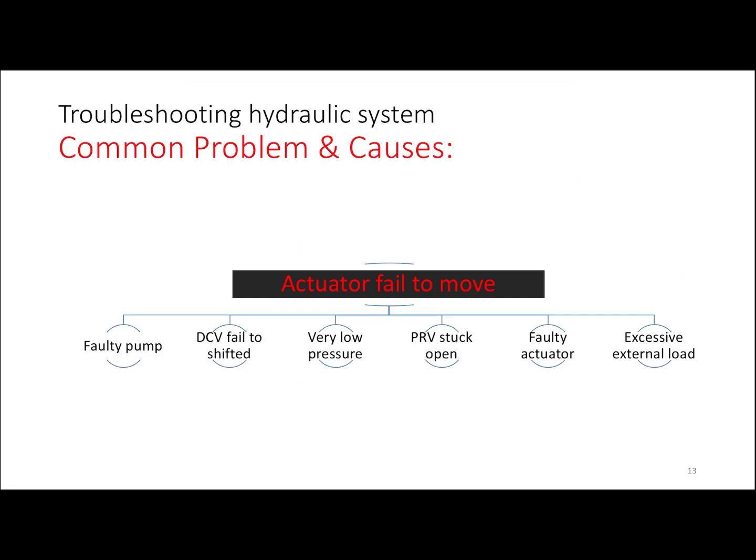Next problem is the pressure relief valve stuck open, so a lot of pressure loss. And then a faulty actuator, maybe because of leaking or worn out. And then the external load is too high for the actuator, of course, if it is related to the size of the actuator you design.